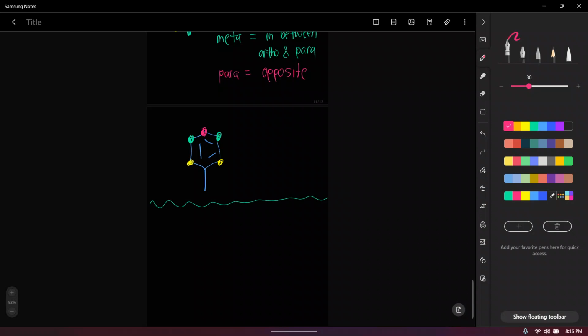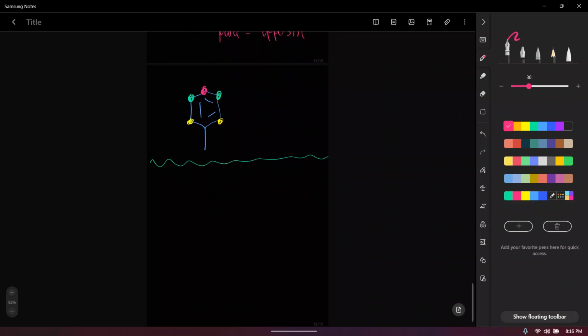So that is how you talk about ortho, meta, and para positions of a benzene ring. And then there's one other nomenclature thing that I want to get out of the way. When you have benzene and you have alkyl groups coming off of the benzene ring, we have a specific way of naming whether something is on the alkyl group or on the ring itself. Any carbon that is on the benzene ring itself, those are called phenylic carbons.